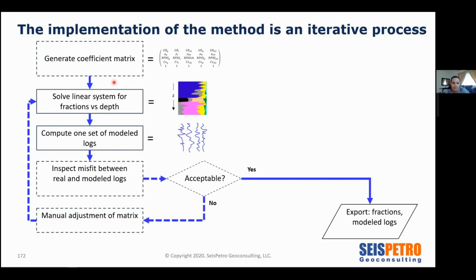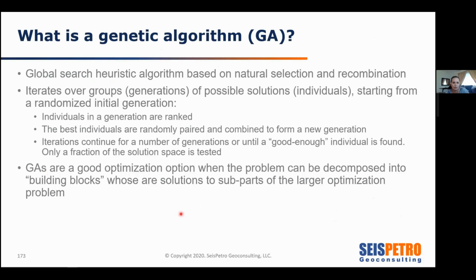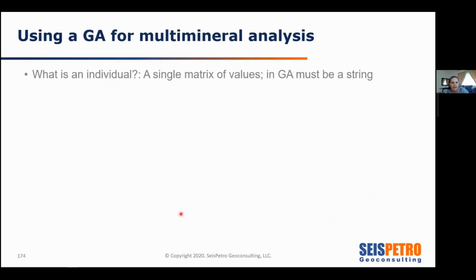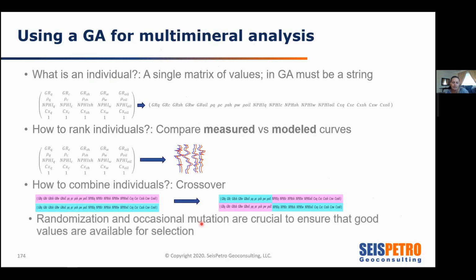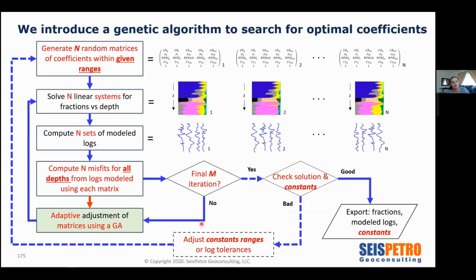I have some slides about what a genetic algorithm is and how it is explained for the multimineral analysis, but I'm not going to go through them now. But this is how the workflow looks after we introduce the genetic algorithm. Instead of starting with one set of constants, it's going to create as many as the number you select, what we call individuals, as your starting point.